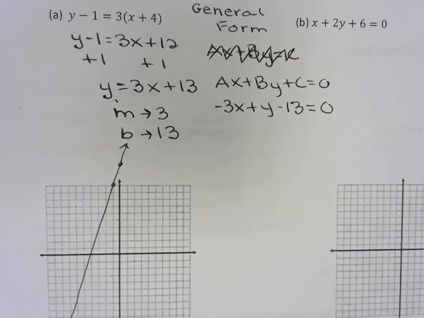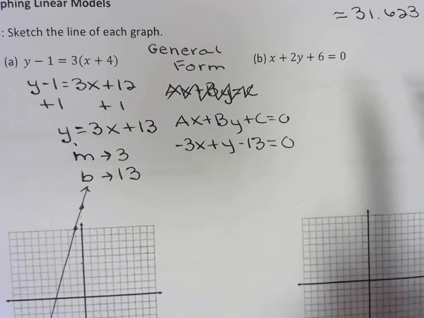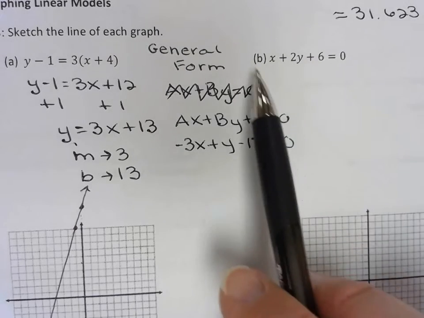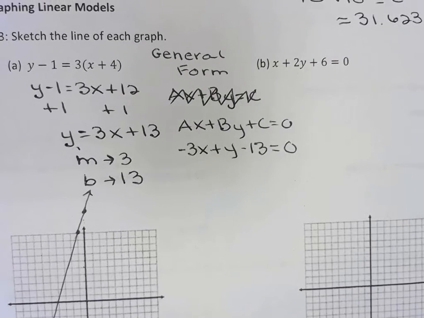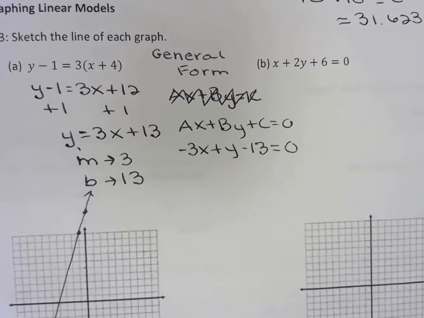So basically just get everything on one side. If I look at B, it's already in general form because I have x, y, and the constant on the left side. I don't really like general form a lot because it's hard to graph when it's in general form. So that's why I get it in slope-intercept form.